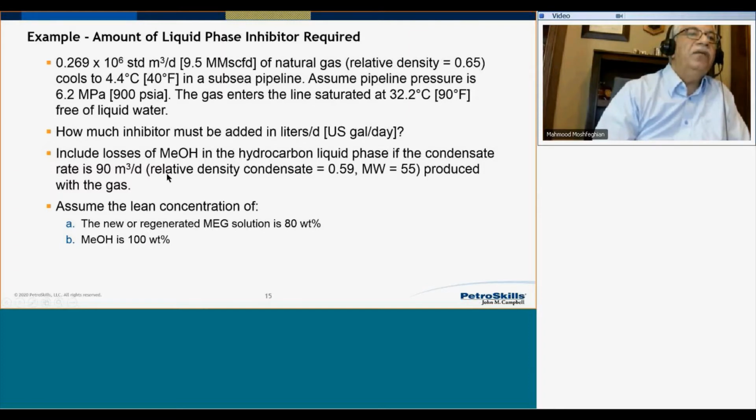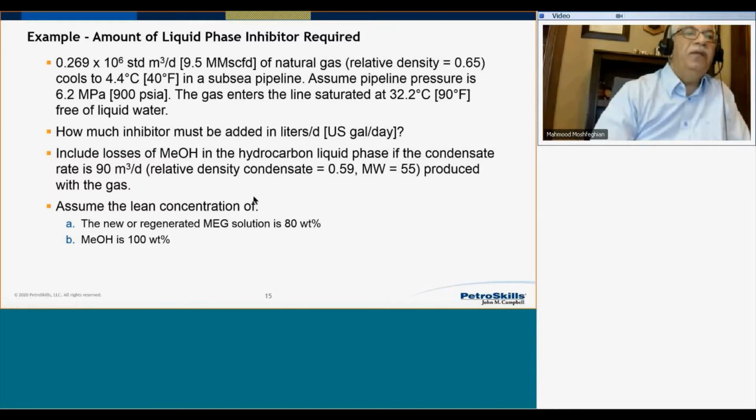Also, in addition to the gas flow mentioned above, we have some 90 cubic meters per day of condensate coming along with the gas in the line. The condensate relative density is 0.59, and the molecular weight of the condensate is 55. We will make a comparison and then decide which one we should choose and why.